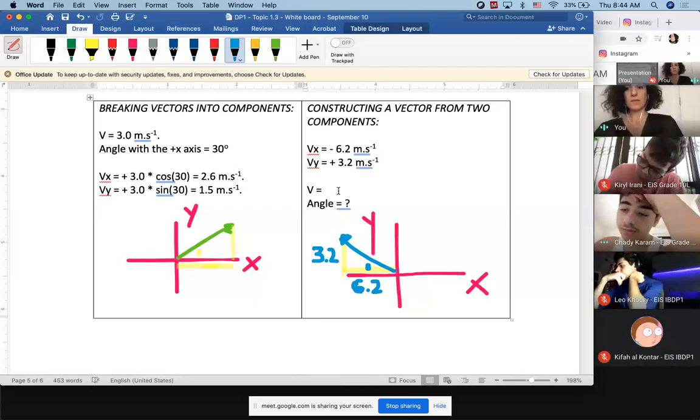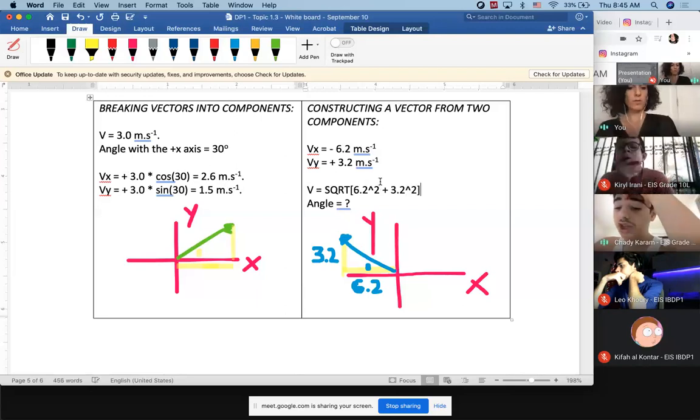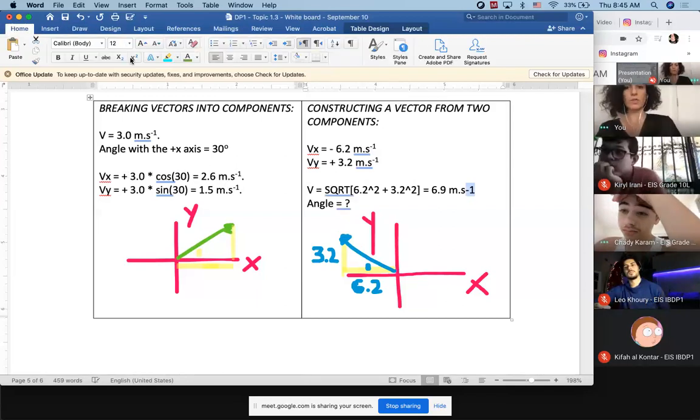So when you do the opposite thing, you don't use trigonometry anymore. Pythagorean theorem means you do the square root of 6.2 squared plus 3.2 squared, which is 6.9 meters per second to the negative 1. I just ignored the negative sign for the 6.2 because I'm squaring it anyway.